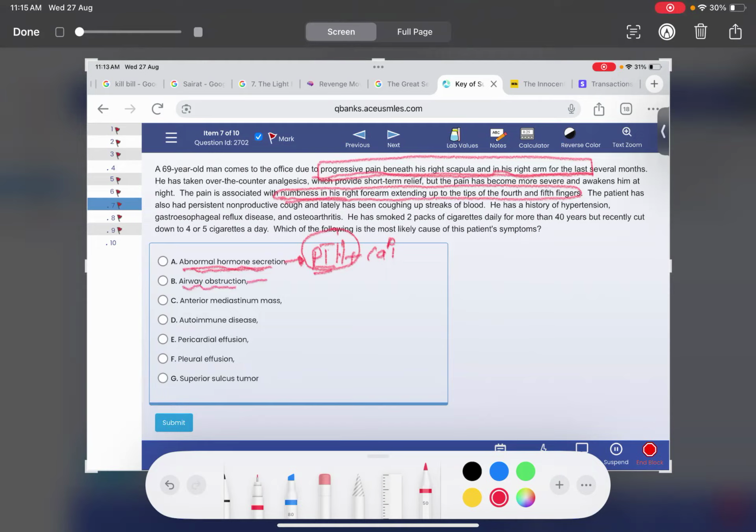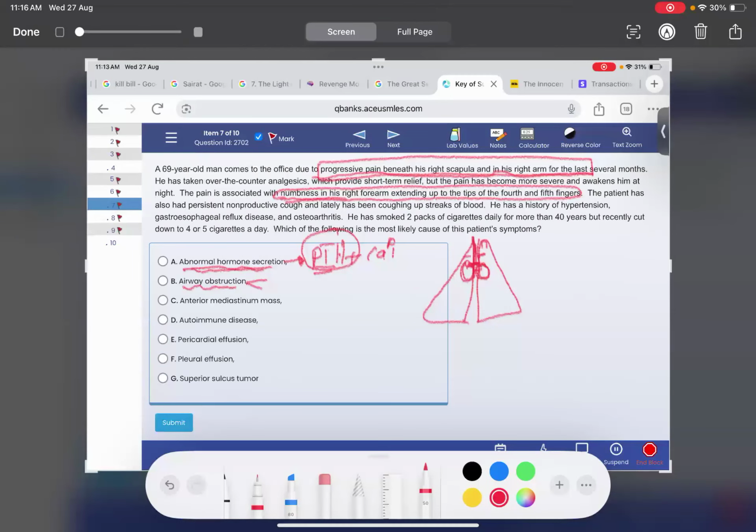Is it talking about asthma or COPD? No, basically it is talking about the mass. I told you the two centrally present masses: number one, small cell, and number two, squamous cell. These are present centrally. So whenever this mass grows in size, it pushes the trachea and there is airway obstruction. Any mass that is present centrally will cause airway obstruction. Have you got the point?